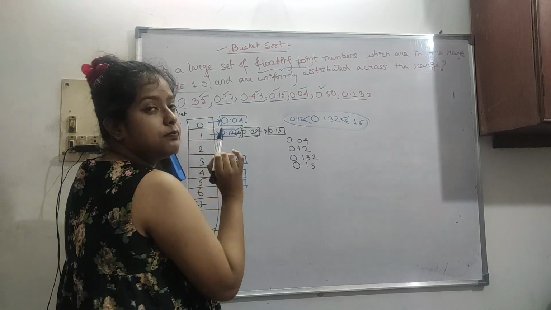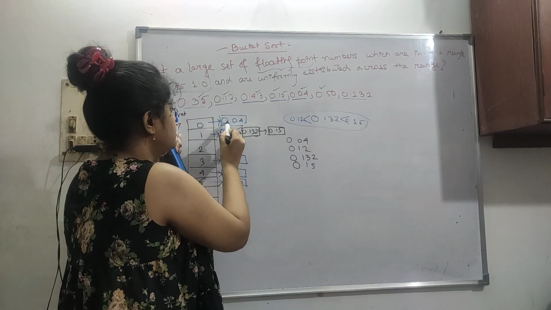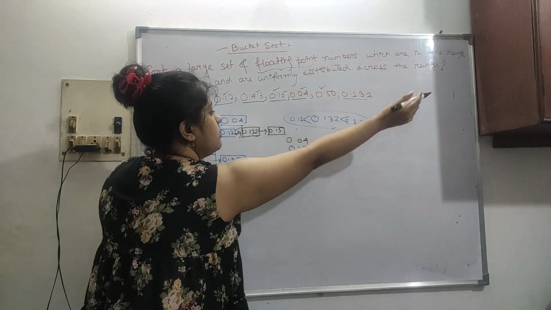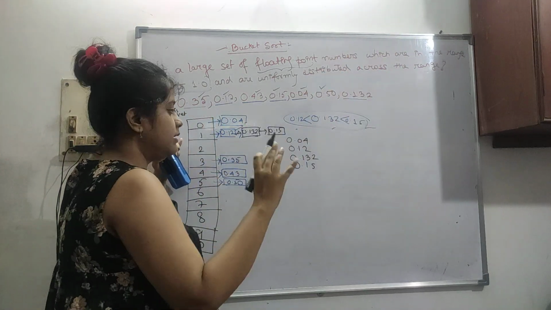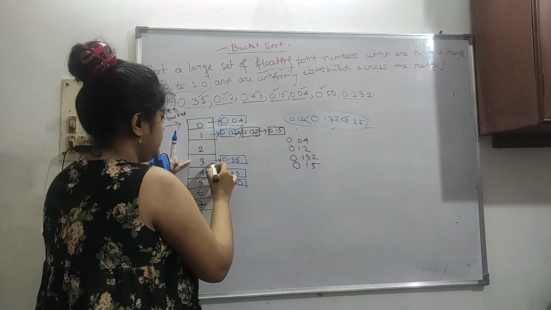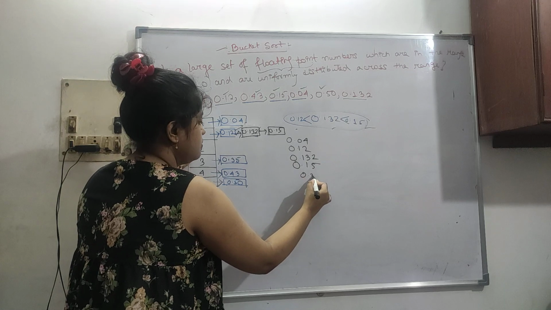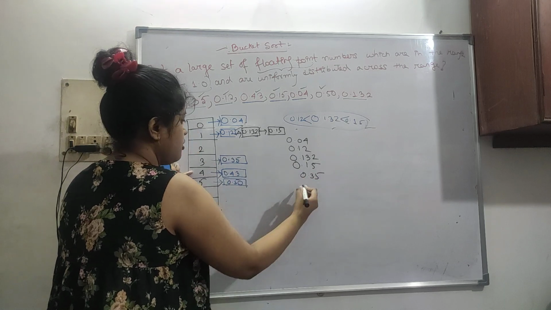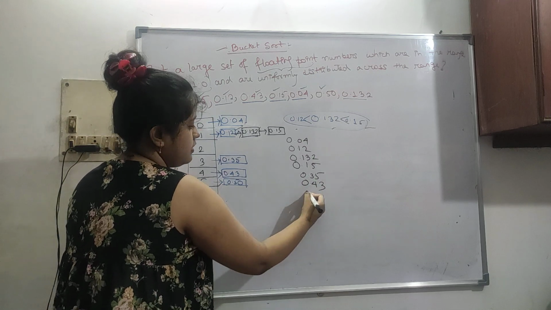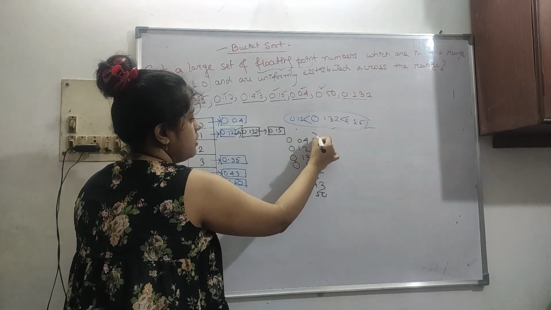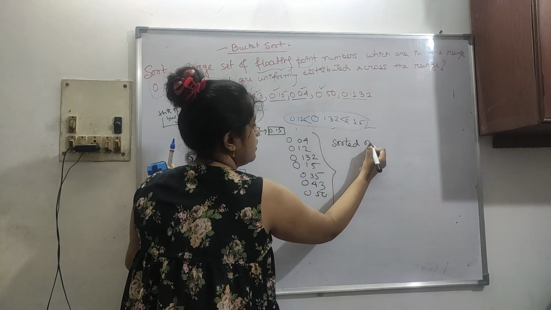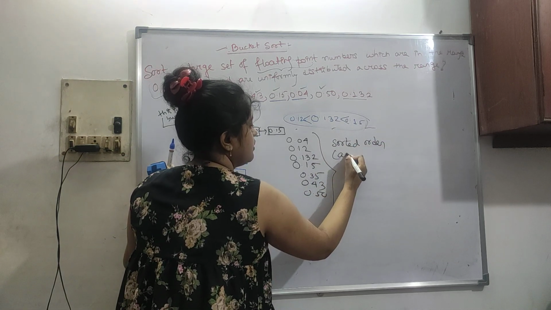In the 0th bucket we have 0.04, then in 1 we have 0.12, 0.132, 0.15. Bucket 2 has nothing, then go to 3, 3 has 0.35. Now 4 has 0.43. Now 5 has 0.50. Now we can see this is in sorted order, ascending.